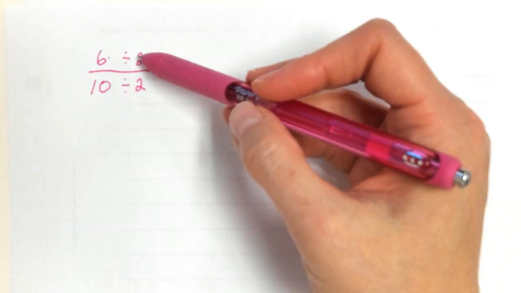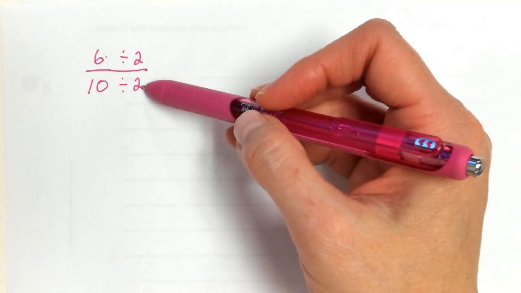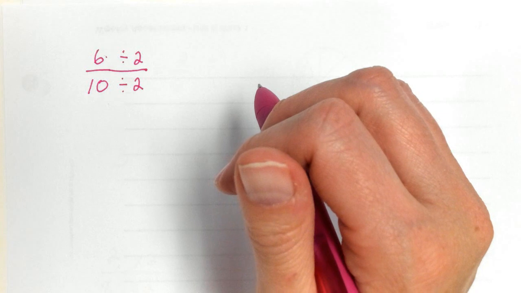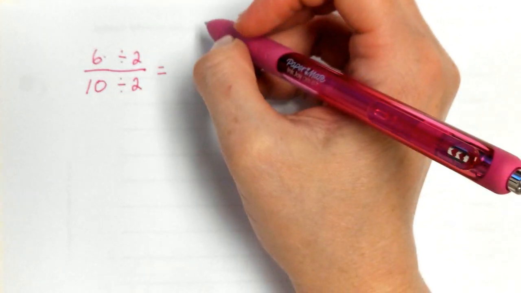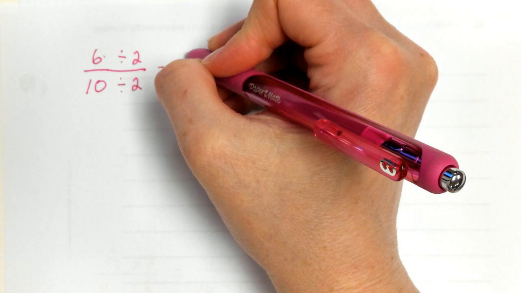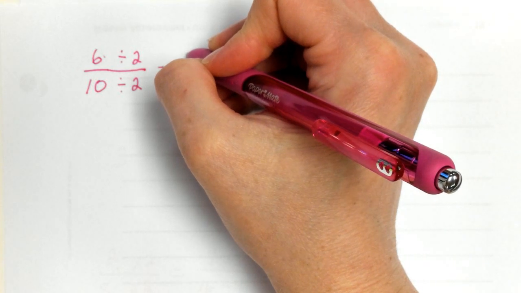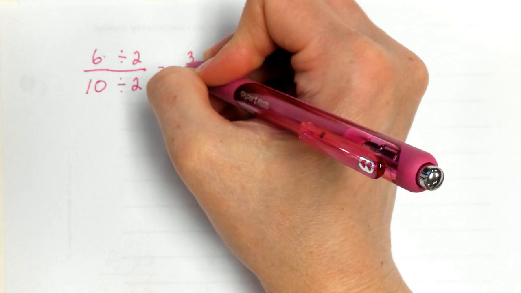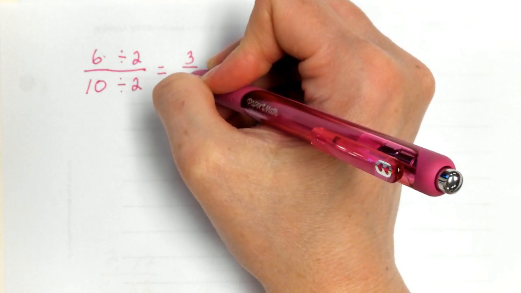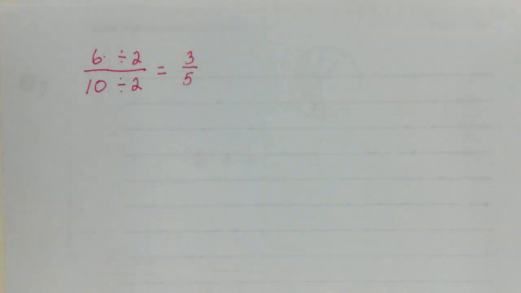So I'm going to divide both 6 and 10 by 2. I have to divide the numerator and the denominator by the same number. All right, 6 divided by 2 is 3. 10 divided by 2? 5.